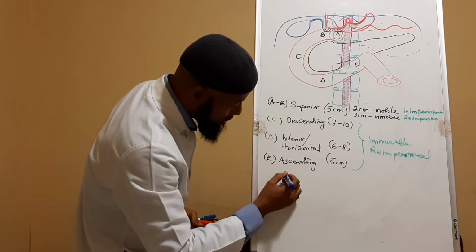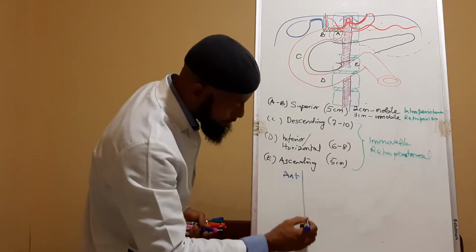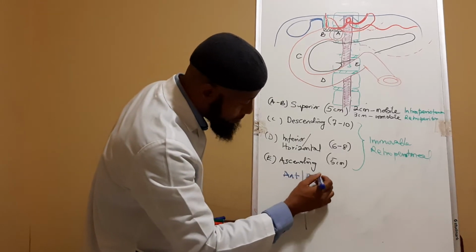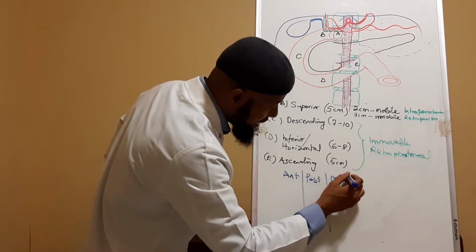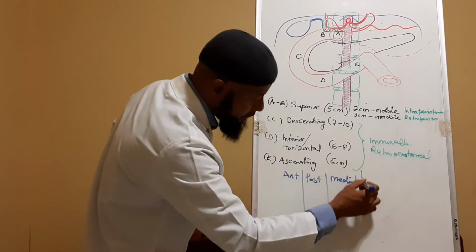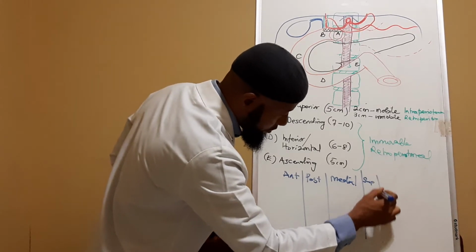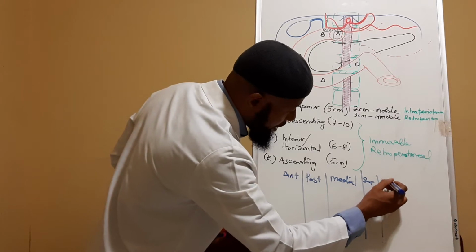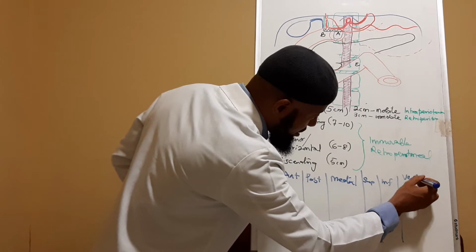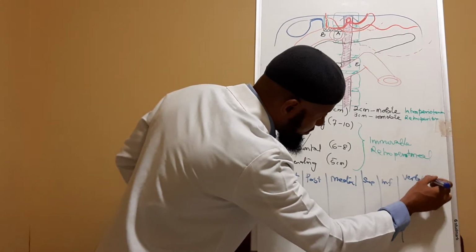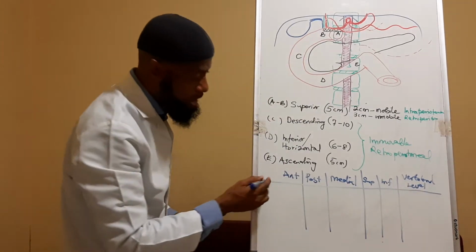We'll look at structures that are related to it anteriorly, structures that are related to it posteriorly, structures related to it medially, and then superior, and then inferior, and then the vertebral level. What level of vertebra is it? So these are what we'll be looking at.